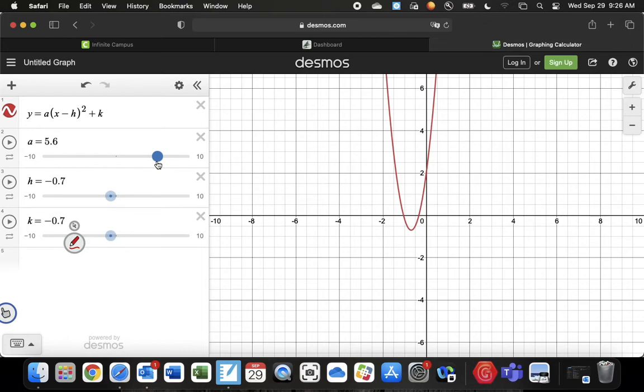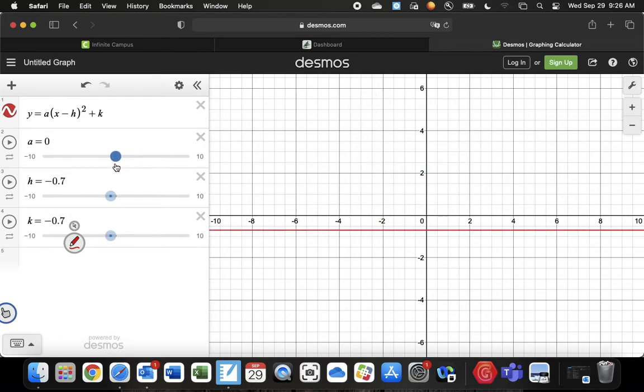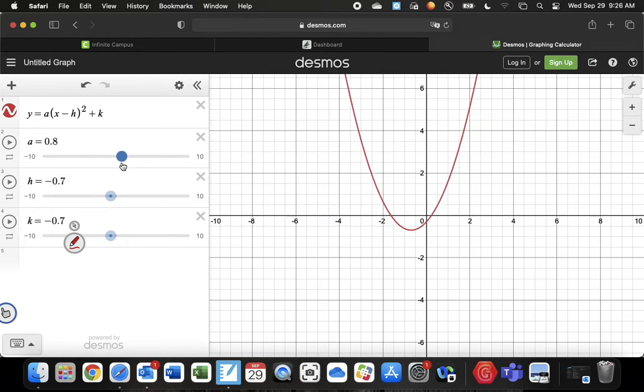It's getting steeper, if you will. Okay, you can kind of think of it that way. The closer we get to 0, notice, the wider it gets. So and eventually, if a is 0, it becomes a constant function. But notice it's wider the closer to the 0. Further away from 0, the more narrow it gets. So that's one effect. Okay, and we'll talk about that again in a second more specifically.